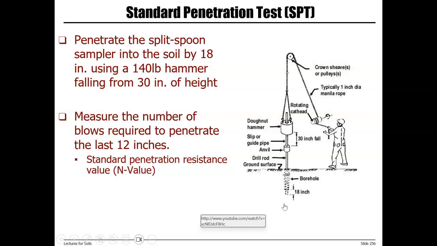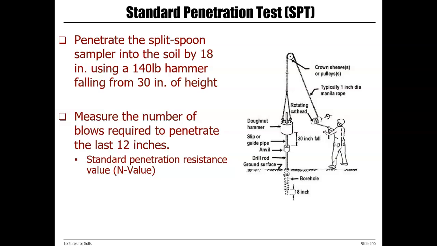It has a split spoon sampler. So here we have the split spoon sampler. Then it also has a 140 pound hammer, and the hammer is dropped on the rod and split spoon sampler from a distance of 30 inches.